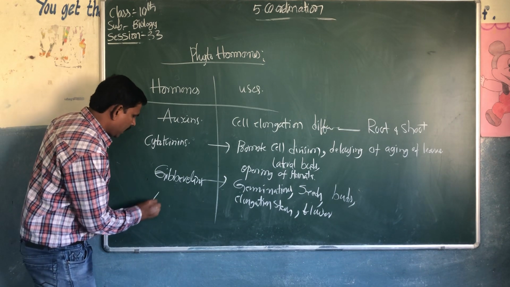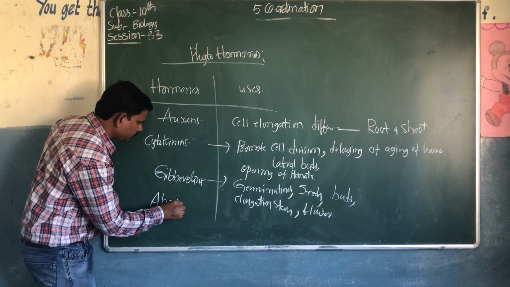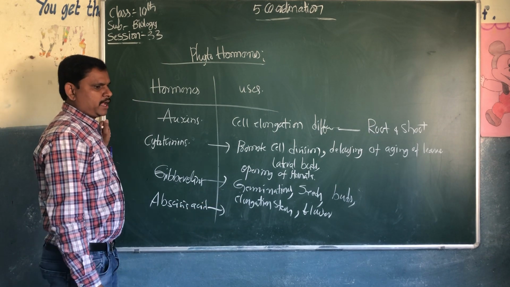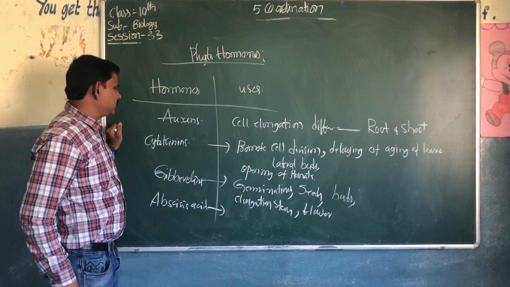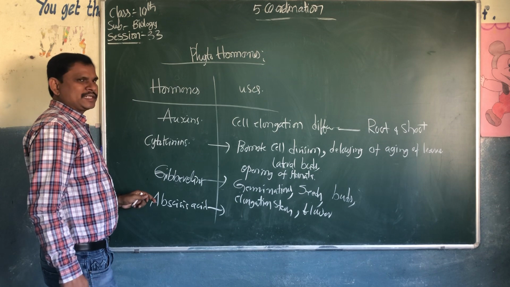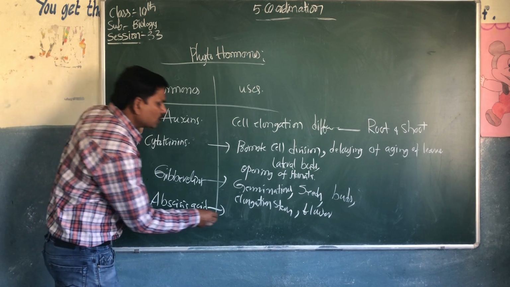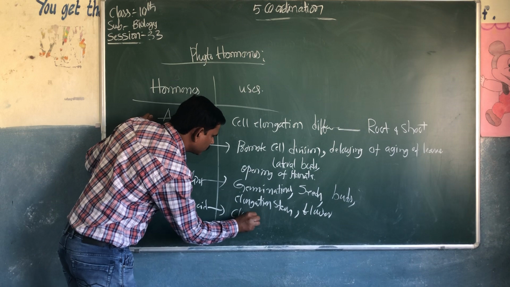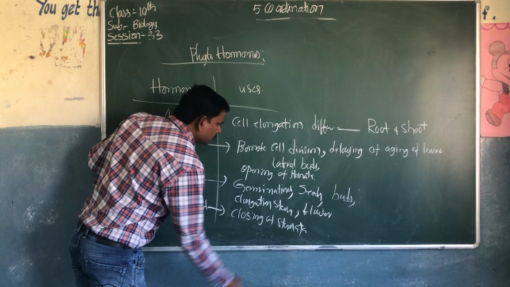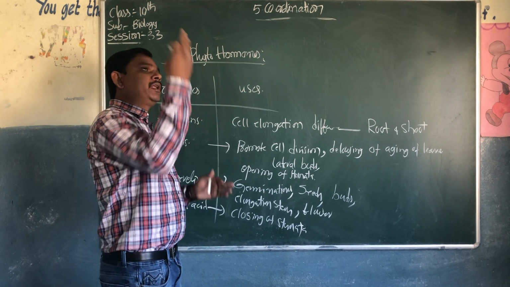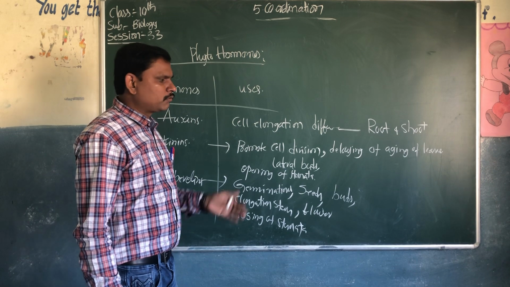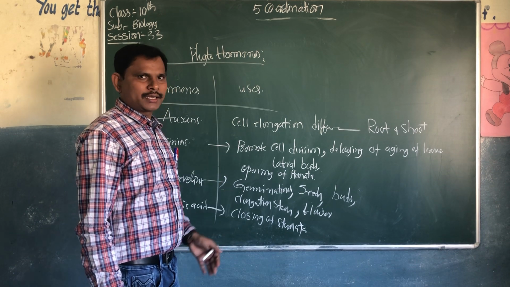Next one is abscisic acid. Cytokinin helps in the opening of stomata, while abscisic acid helps in the closing of stomata. In summer season, water scarcity is there and less water is available.